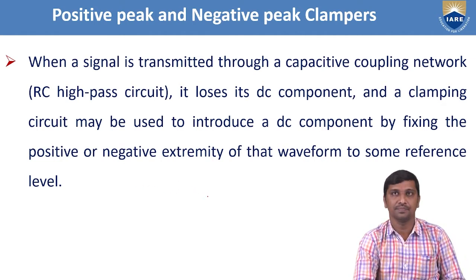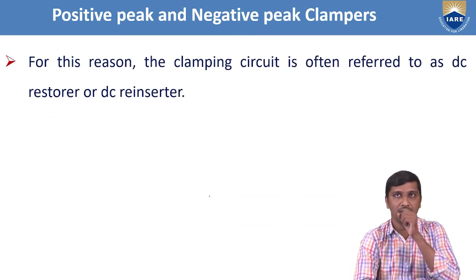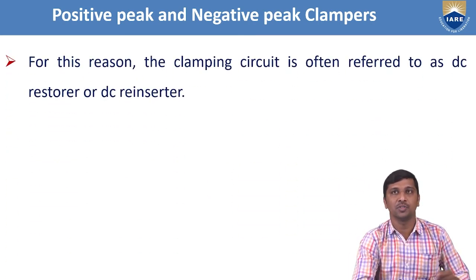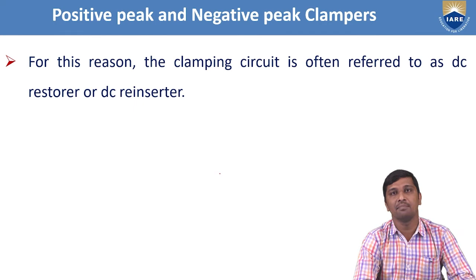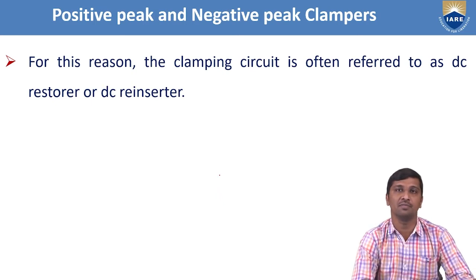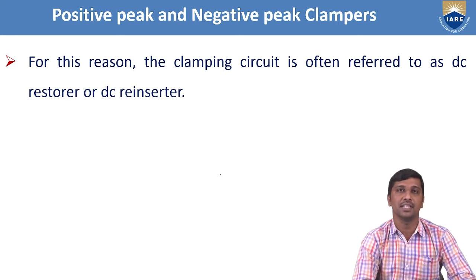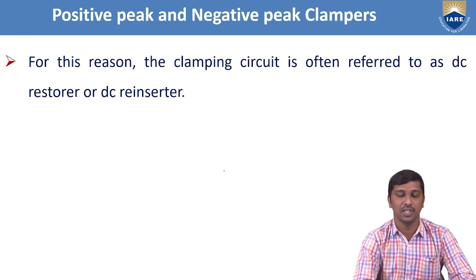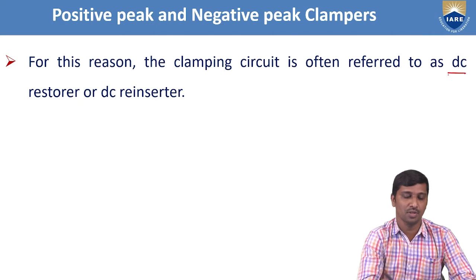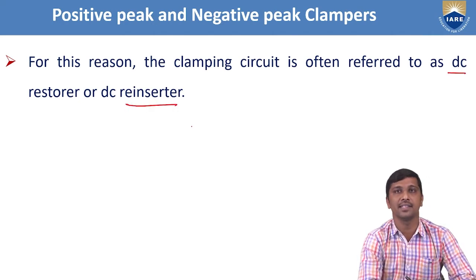So the clamping is either to restore the DC component at the positive portion of the given waveform or at the negative portion of the waveform. It is also called a DC restorer or DC reinserter circuit.